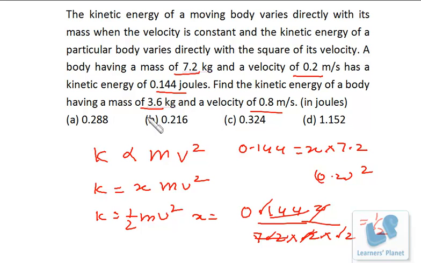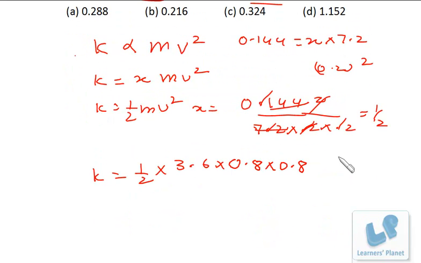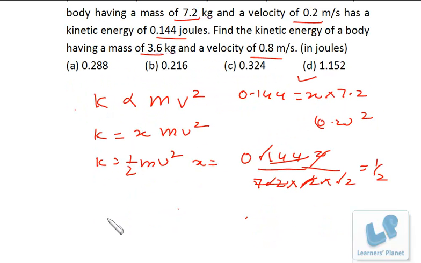Now we have been given the value of mass and velocity and we have to find out the kinetic energy. Just put the values of m and v in this equation and you'll get the value of K. So K is equal to half into m, which is 3.6, and v square is 0.8 square, that is 0.64.